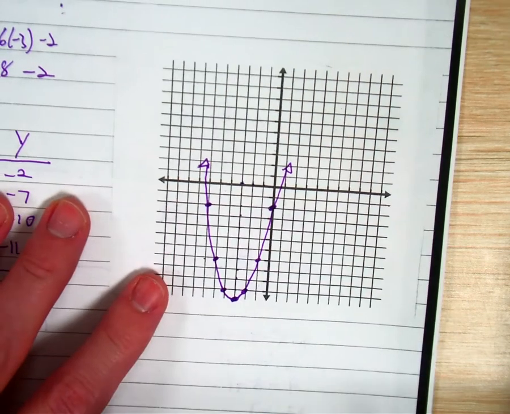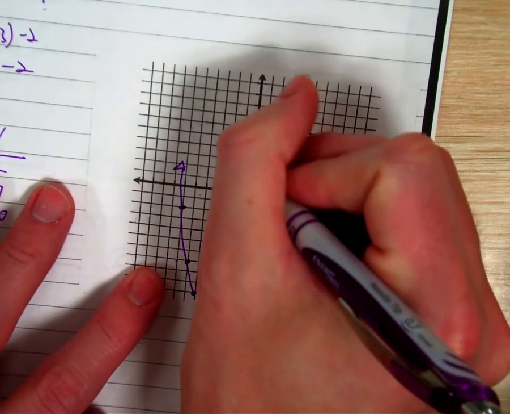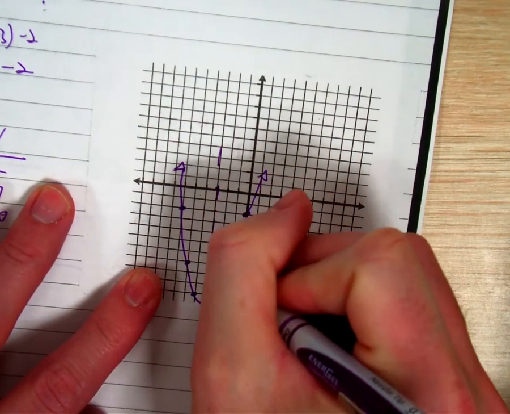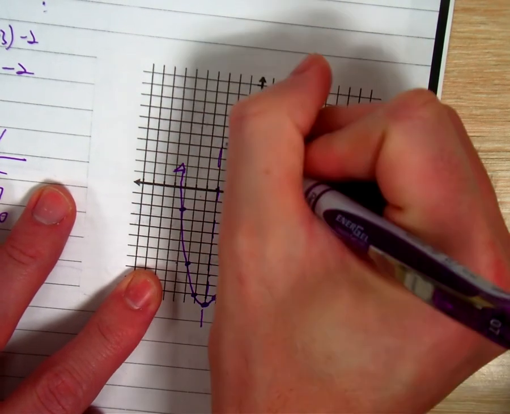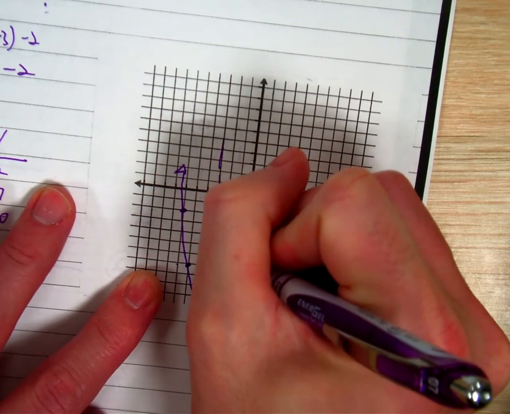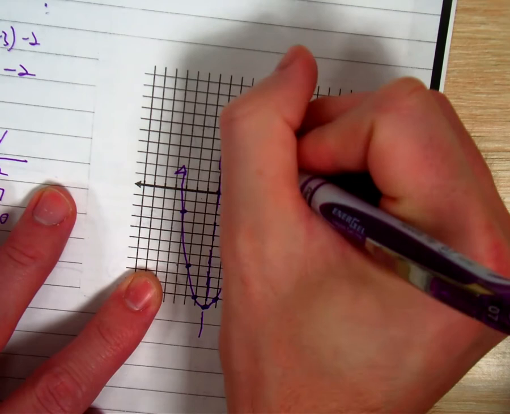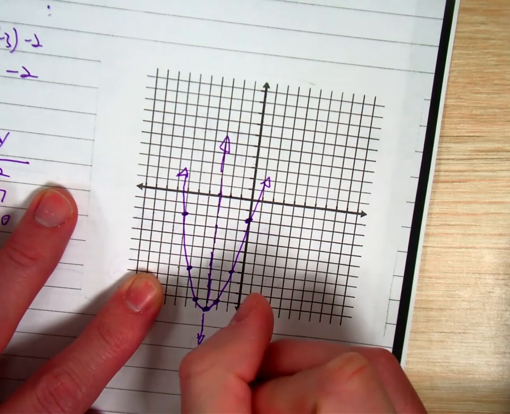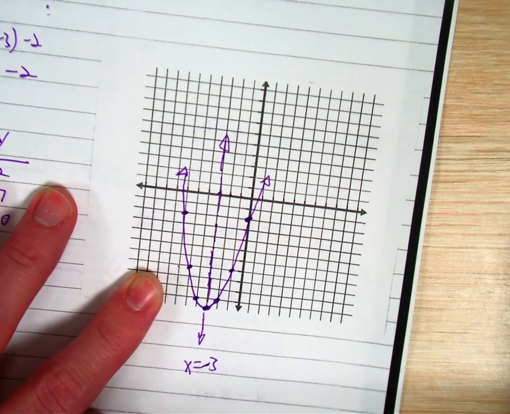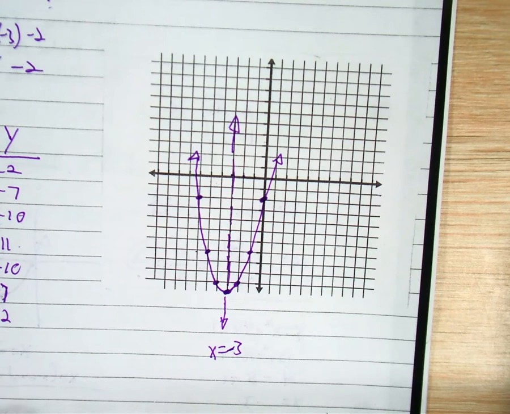We do the work up here for the axis of symmetry, and then we forget to put it in. Dotted line down the middle. My dotted line's not showing up very well. And then label what it is, x equals -3. Okay, and there we are.